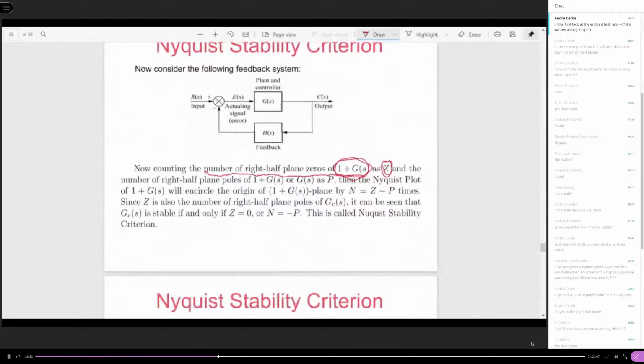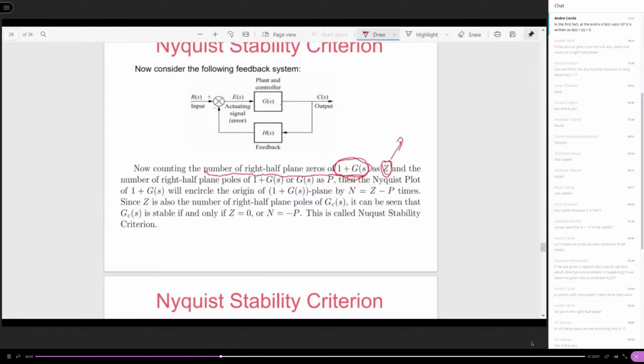So you want to count the number of right half plane zeros of 1 plus G(s). What does that mean? That means that this Z indicates how many right half plane closed loop system poles there are, right? Same thing.